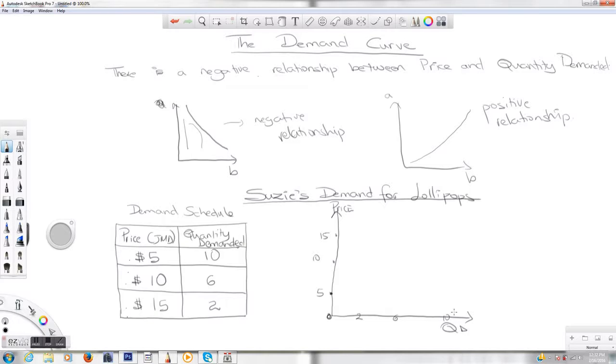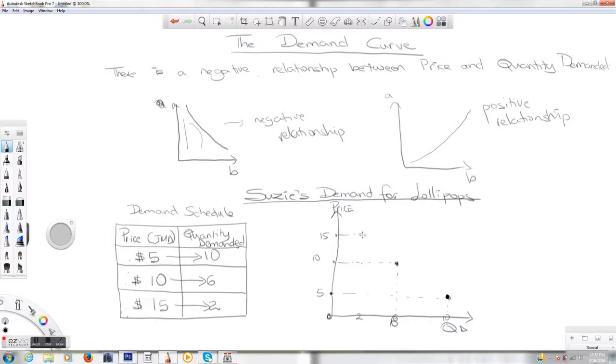And now we're going to sketch this demand curve. When the price is $5, Susie's quantity demanded is 10. So $5 to 10 for quantity demanded, and this is a point on the demand curve. When the price is $10, Susie's QD is 6. For $10, she only wants to buy 6. When the price is $15, Susie only wants to buy 2.